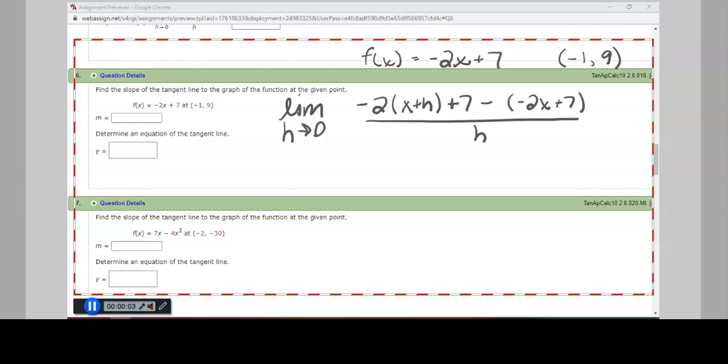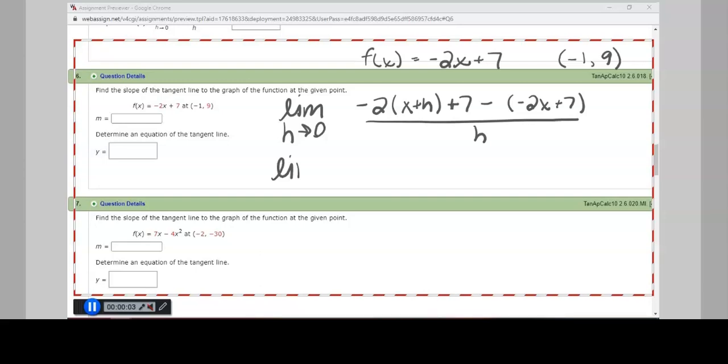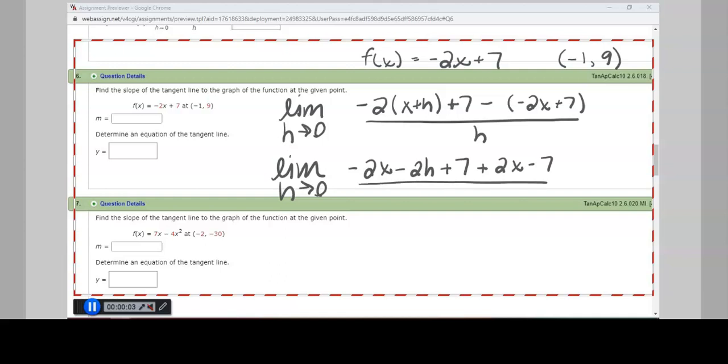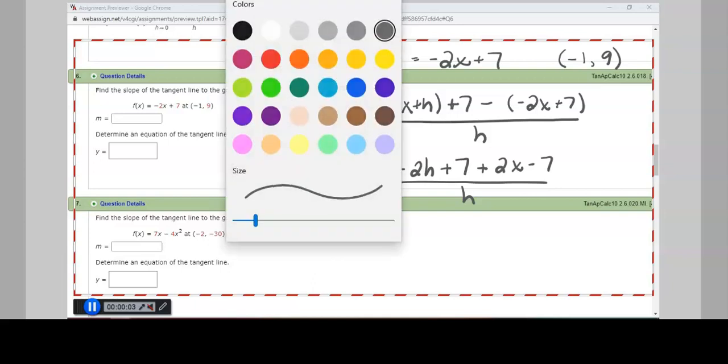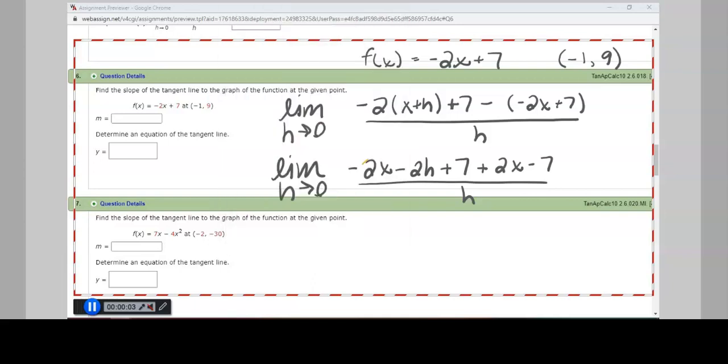So we're going to distribute on the top. So the limit as h approaches 0 of negative 2x minus 2h plus 7 plus 2x minus 7 all over h. Okay, and when we simplify, this is going to reduce with this.